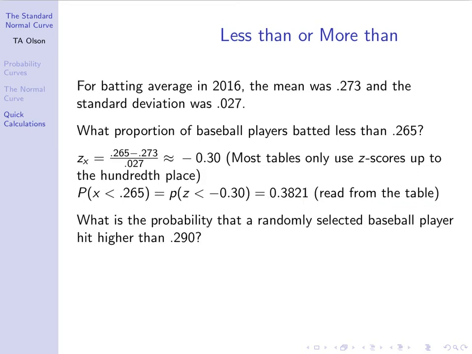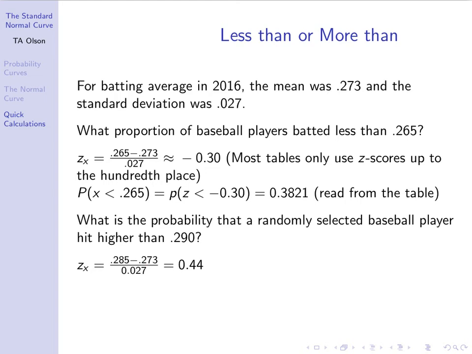Right, so I said that these tables give z-scores for the less than, but can we figure out greater than, right? So, well, what's the probability that a randomly selected baseball player hit higher than 290? So we're going to use the complement piece here.